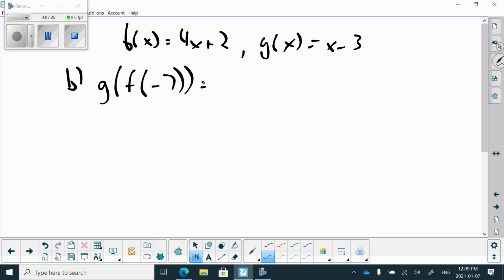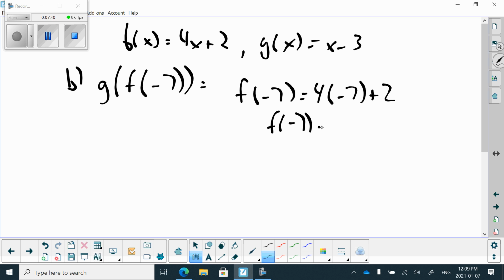So if we start in the innermost function, yeah. So what do I write here? Yep, which is? Yeah, you just dropped the negative sign both times. Okay, so then what do we do with this negative 26?